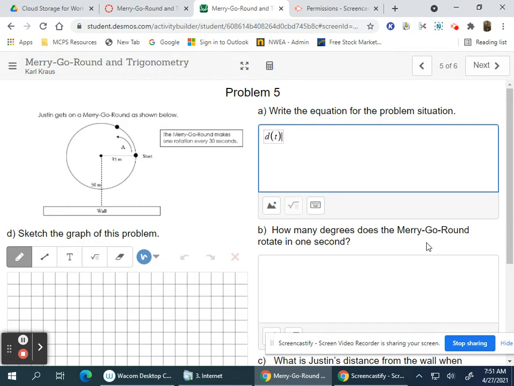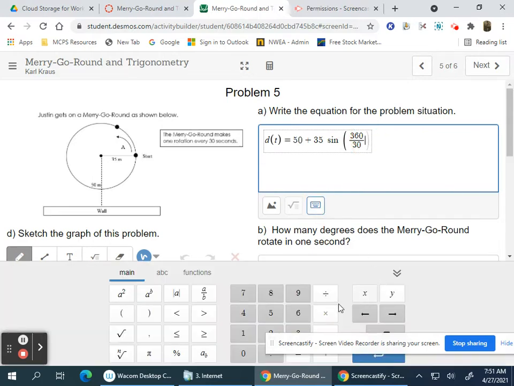D of t equals the center line, which is 50, plus 35 sine 360 by 30, and then times t.